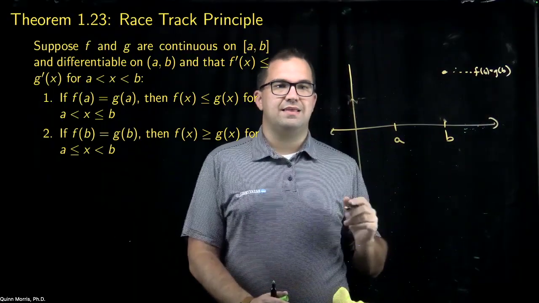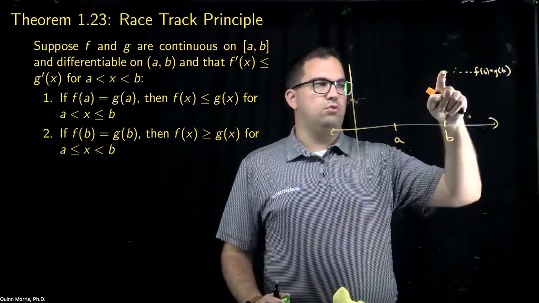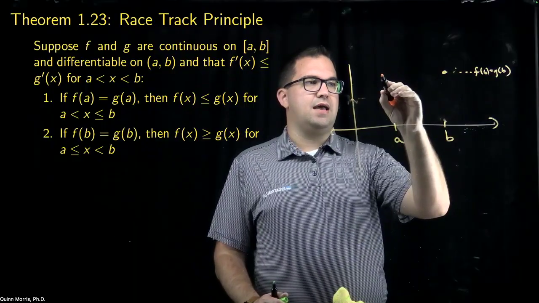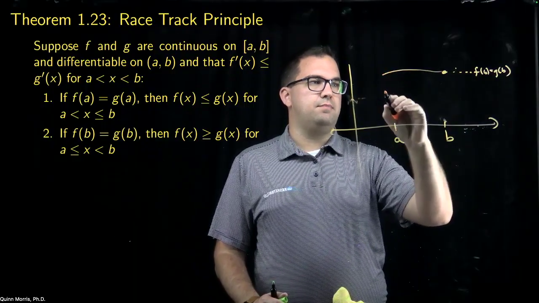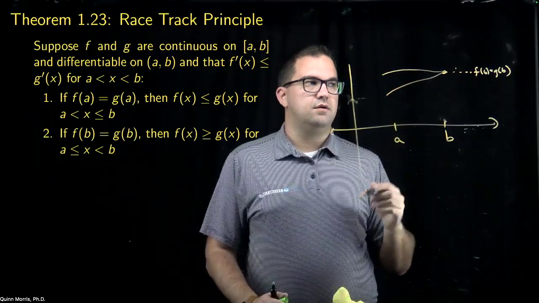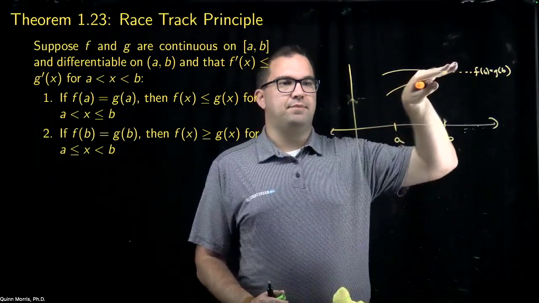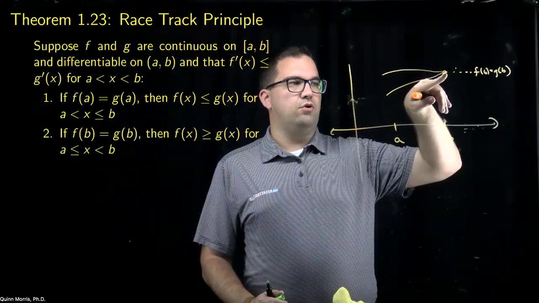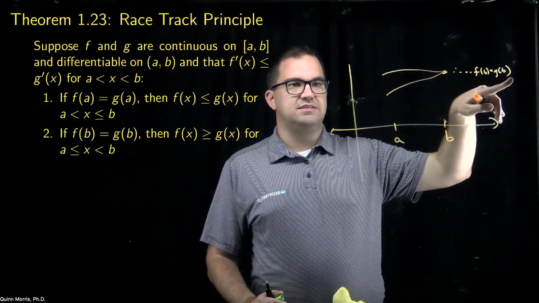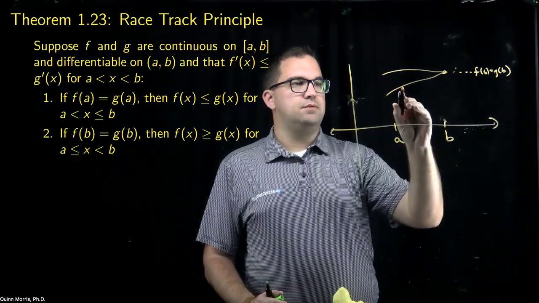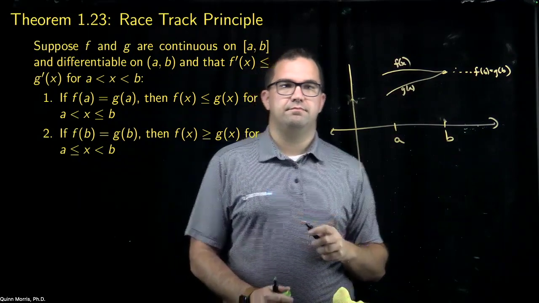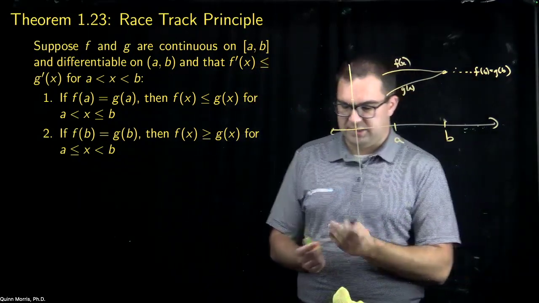Well, the fact that f was changing more slowly, but ended up at the same height means that f must have necessarily been above g because g was increasing more rapidly. And for g to increase more rapidly over this interval and still only end up at the same place that f did means that g must have been below f. Yeah, so that's what this racetrack principle is saying.